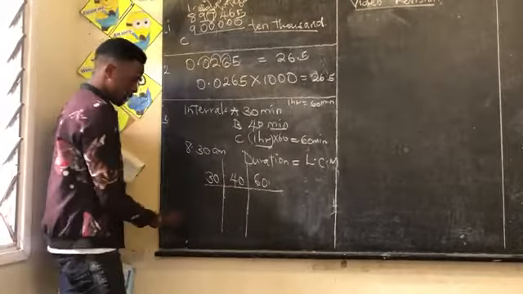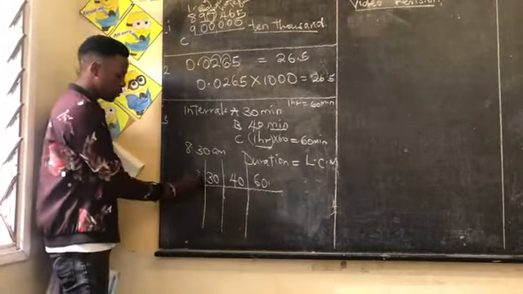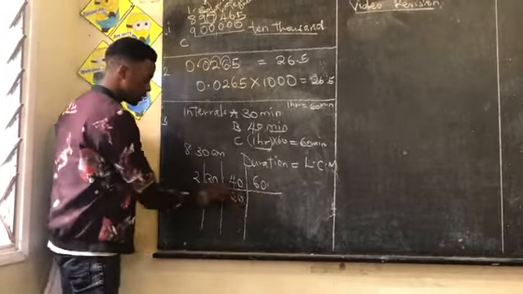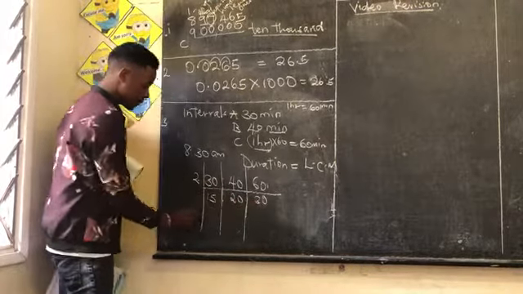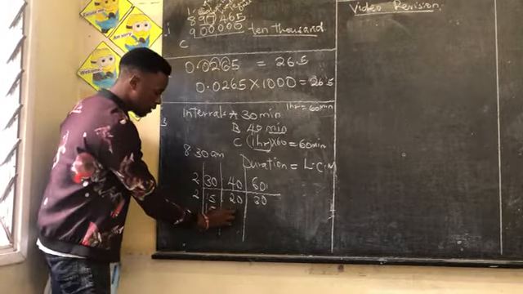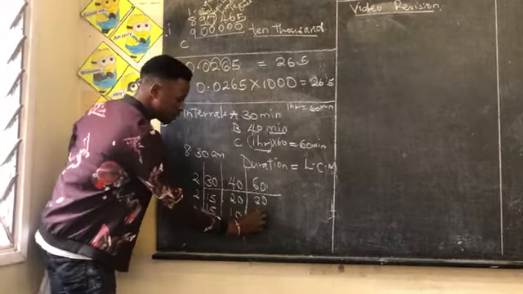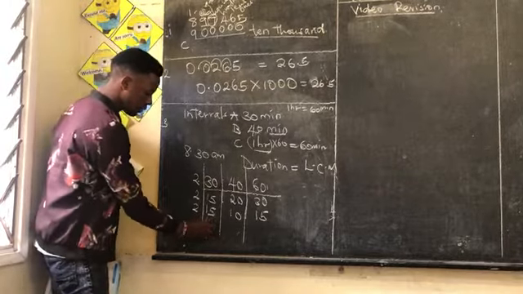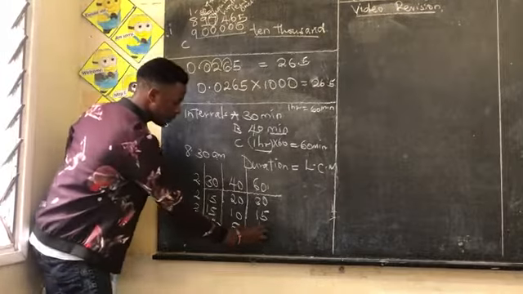So the first prime number we are going to pick is 2. 30 divided by 2 is 15, 40 divided by 2 is 20, 60 divided by 2 is 30. 2 again, 15 is impossible, so 20 divided by 2 is 10, 30 divided by 2 is 15. Again, we pick 2 because of 10, so 15, 5, 15.